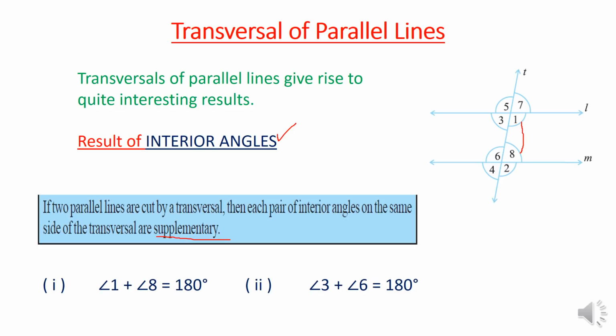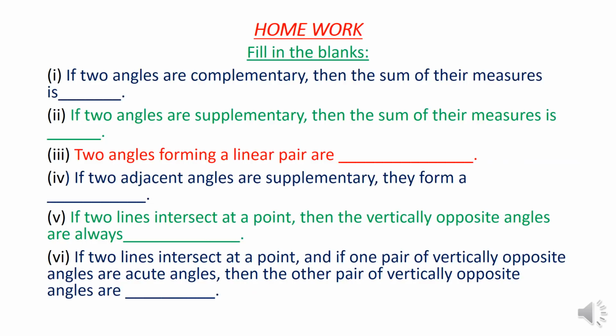Here angle 1 and angle 8 are supplementary angles. Both are in the interior but on one side of the transversal. Now, 3 and 6: again they are in the interior of the parallel lines, but on one side of the transversal.